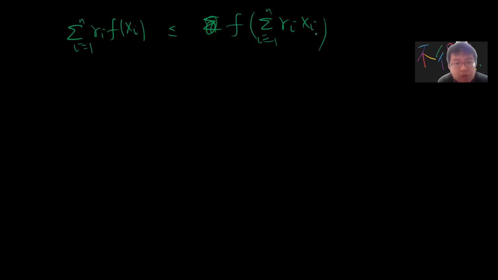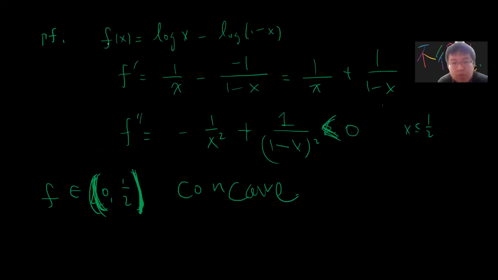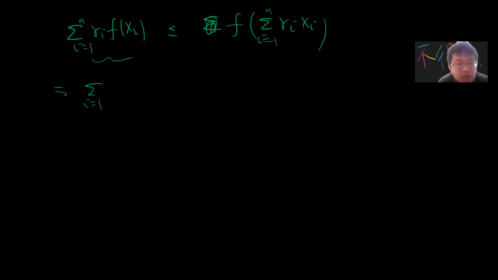Okay, so let me just write it down. So what is this? So this is log, right? So I mean you can combine these two to be the log x over 1 minus x. Okay, so this tells you that you get i from 1 to n gamma i log x over 1 minus x i, right?